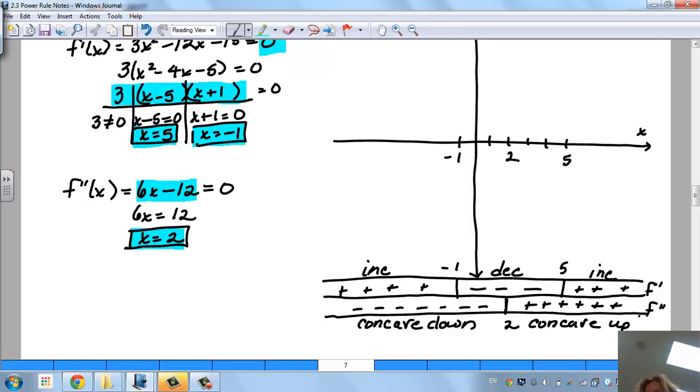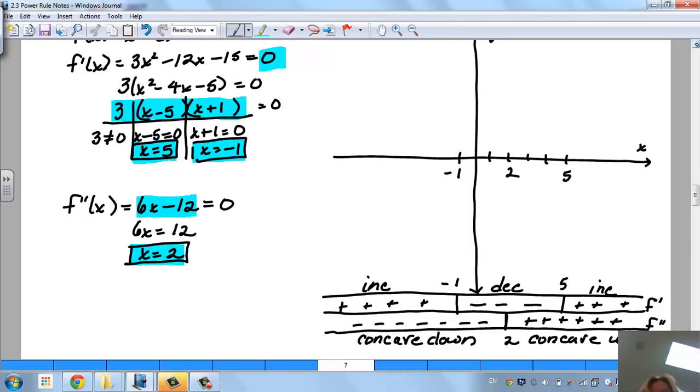Now, this is really, really interesting. Now we can kind of sketch this graph just from looking at it. So we know our function's increasing and it's concave down, and I know at -1 there's a turn of some sort, so I'm going to kind of draw it like this. It's going to come up, all right, and there's got to be a slope of 0 at -1. Then it's going to decrease from -1 to 5, and at 5 there's probably going to be another turning point of some sort.